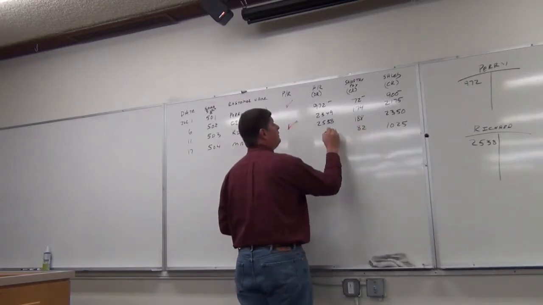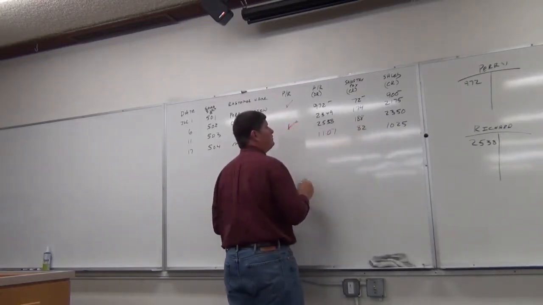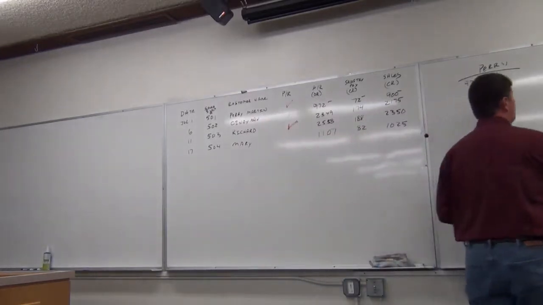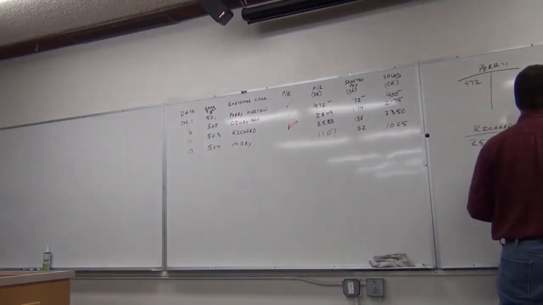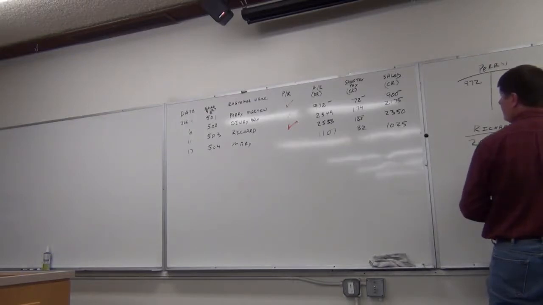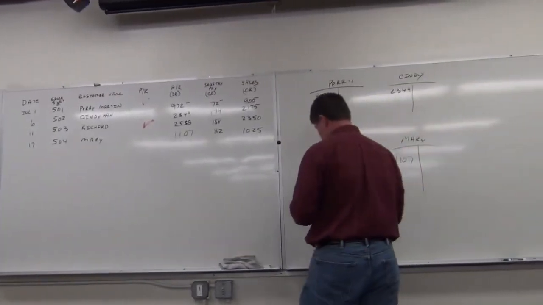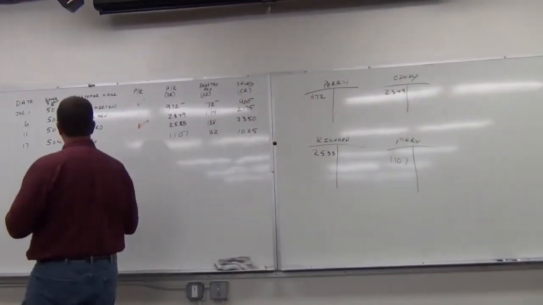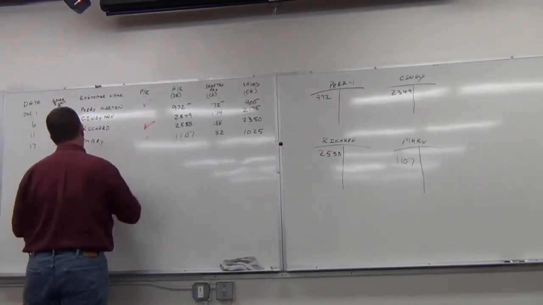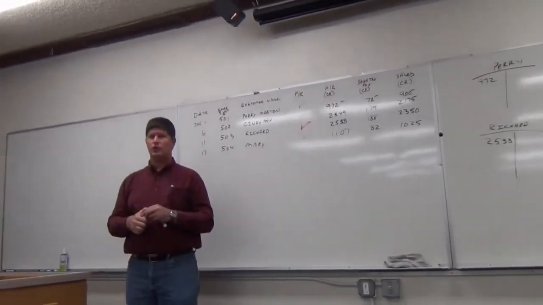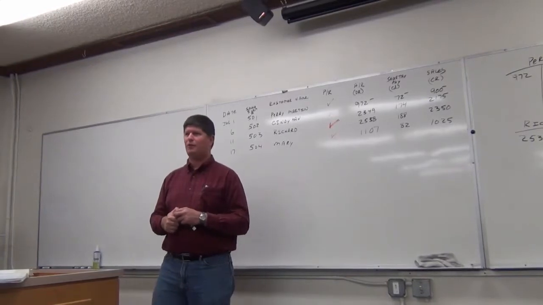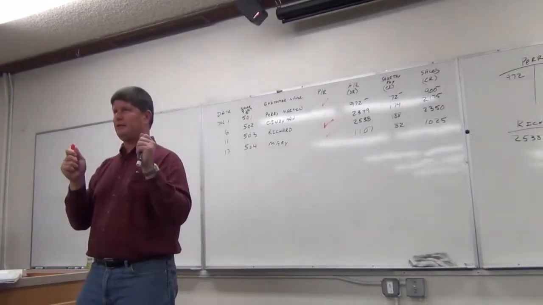Total of 1107. Mary needs a card. 1107. Once I post it there, I'm going to check it off. Good? Okay. Everybody's pretty clear on this right now, right? All right.